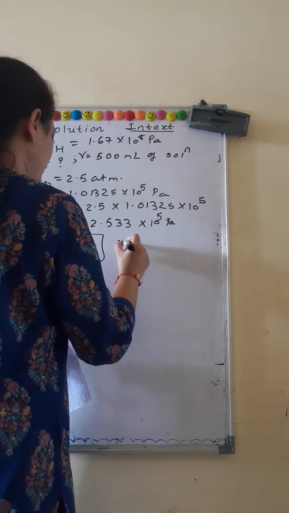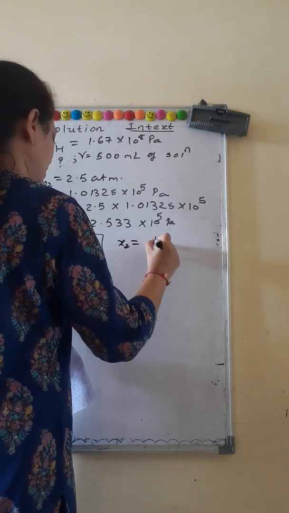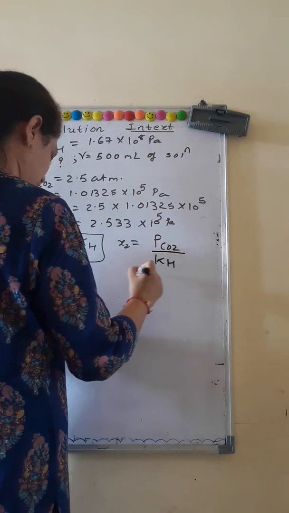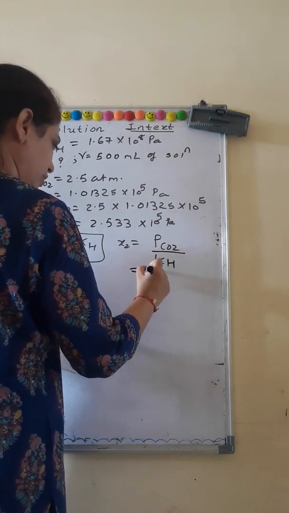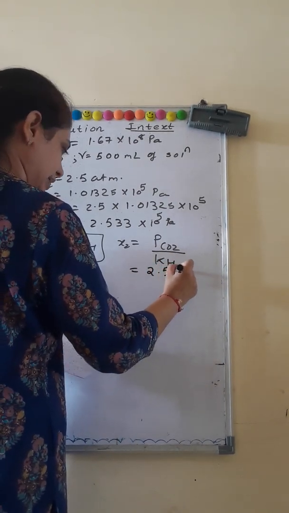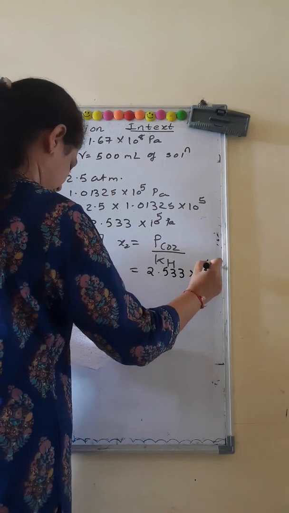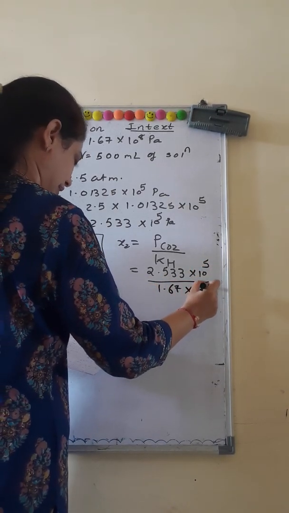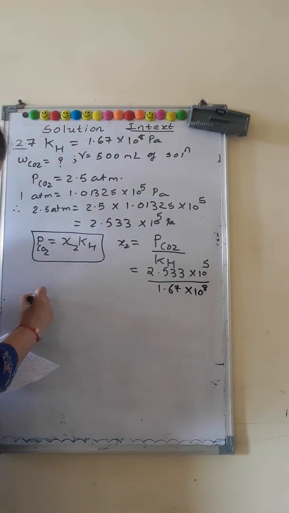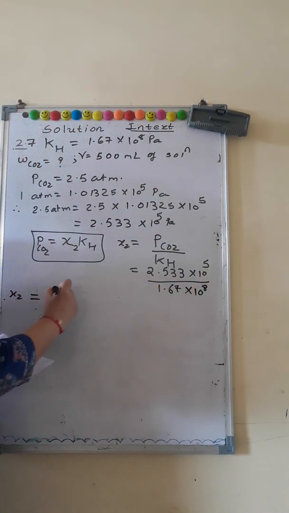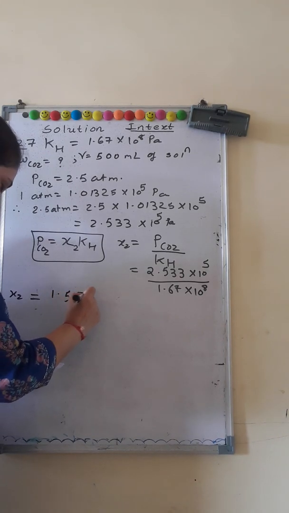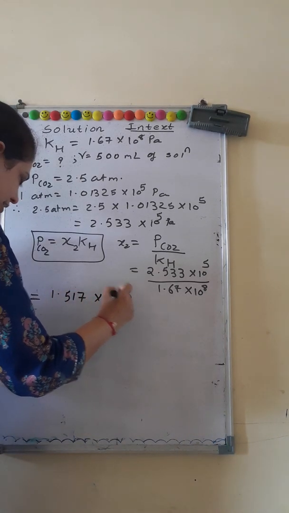So chi2 will be equal to P of CO2 upon kH, which is equal to 2.533 into 10 raised to 5 divided by 1.67 into 10 raised to 8. When you solve this, your chi2 will be equal to 1.517 into 10 raised to minus 3.